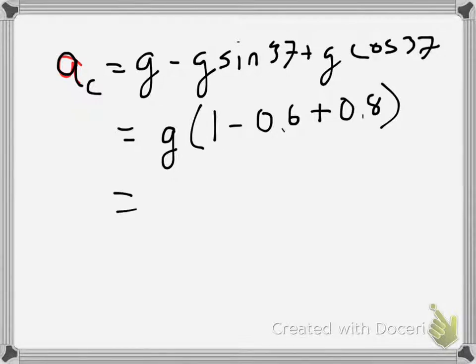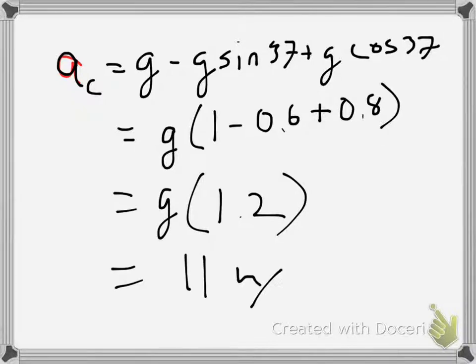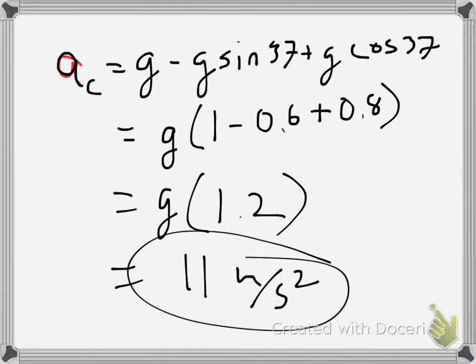So that means about 10 g times 1.2, which should be around 11, and that should be our answer. Whatever, what is it? 11, 12? It's 12? Okay, we're all friends here.